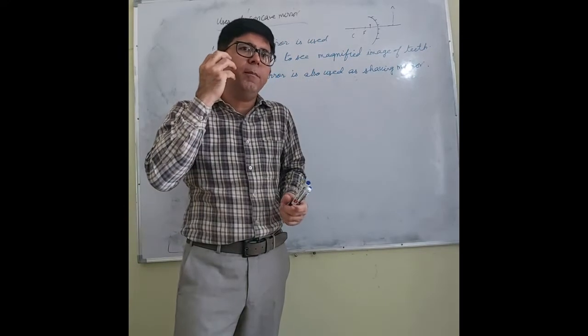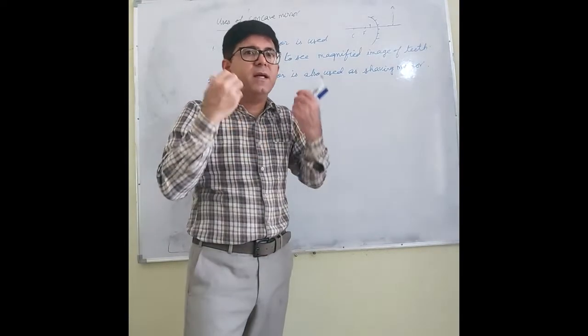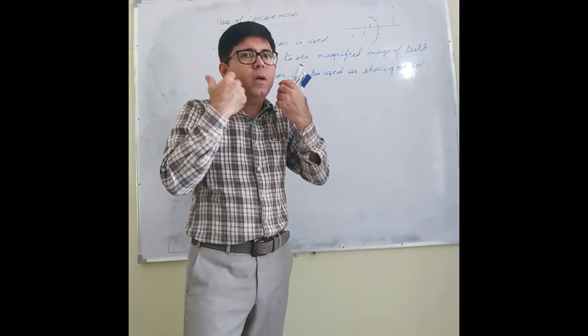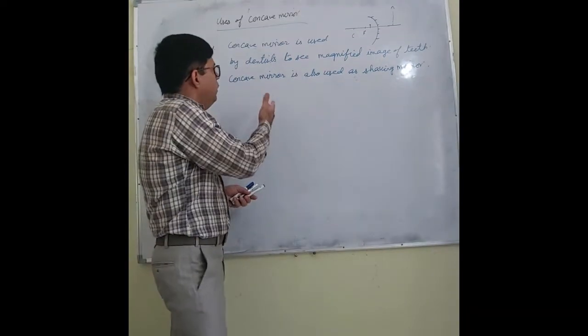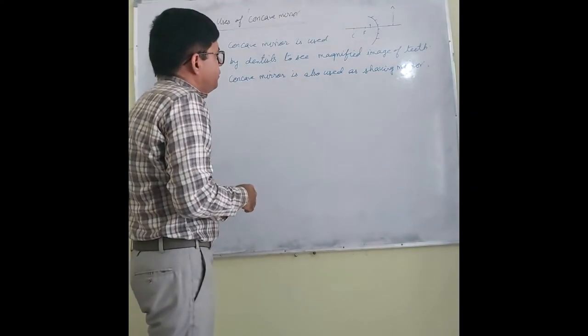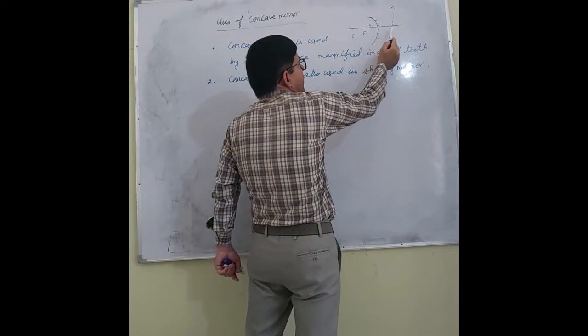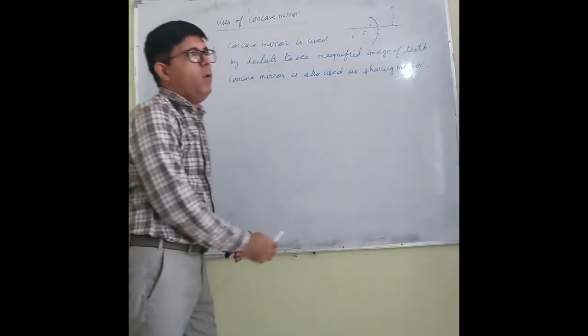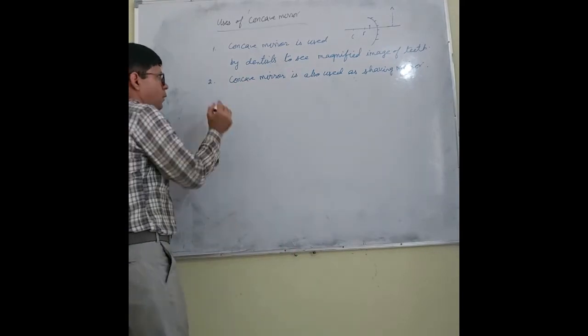If he can see the bigger image of the face, he can see whether the beard on his face is trimmed properly or not. And again, because in concave mirrors, erect and virtual image is formed when his face is closer to the mirror.